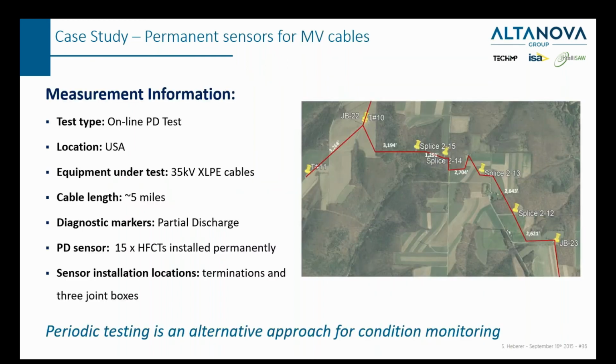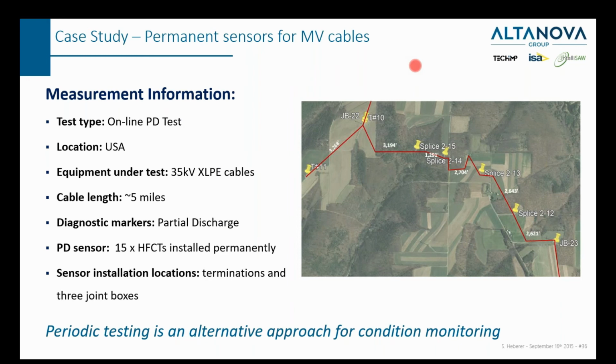Another case study for the maintenance test. So this is a little bit interesting. It's a wind farm, inland wind farm application. The customer experienced a few failures in the cable, 35 kV XLPE cables. The cable is very long. It has a couple of junction boxes. And the customer wants to monitor that cable, the entire cable.